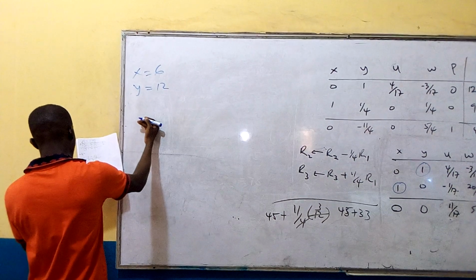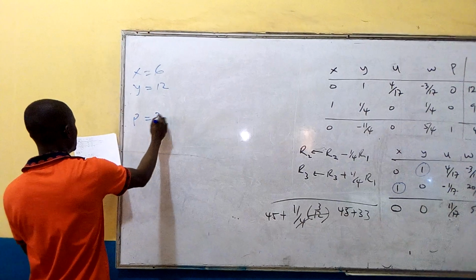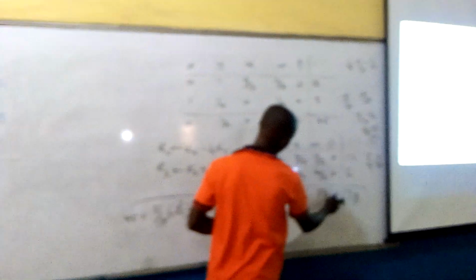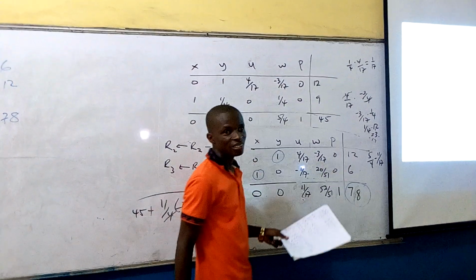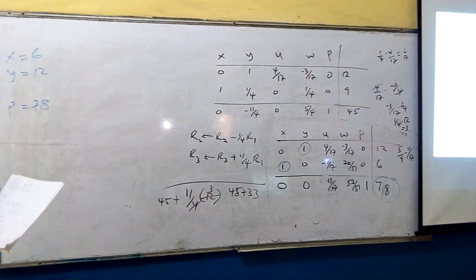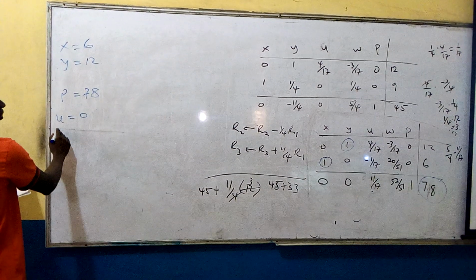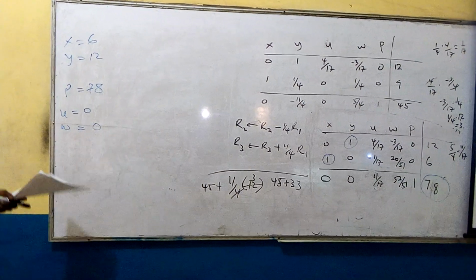So our optimal solution, our P is equal to 78. Because this column is also a unit column. So that is it. And U is 0. W is also 0.